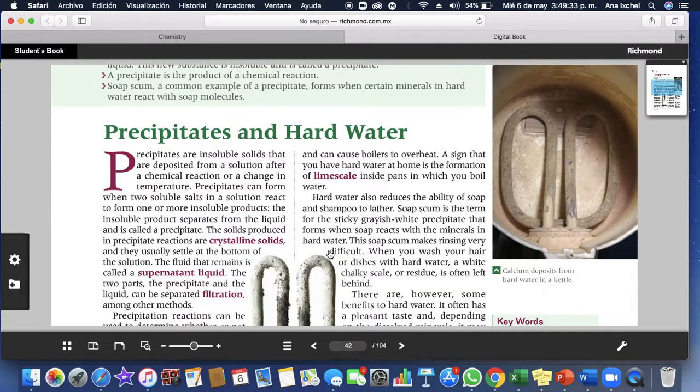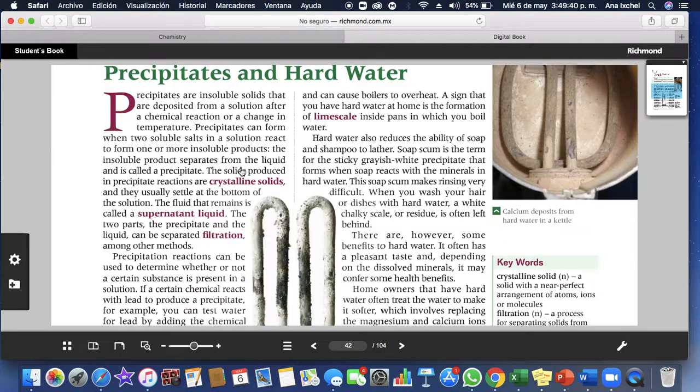Precipitate and hard water. Precipitates are insoluble solids that are deposited from a solution after a chemical reaction or a change in temperature.